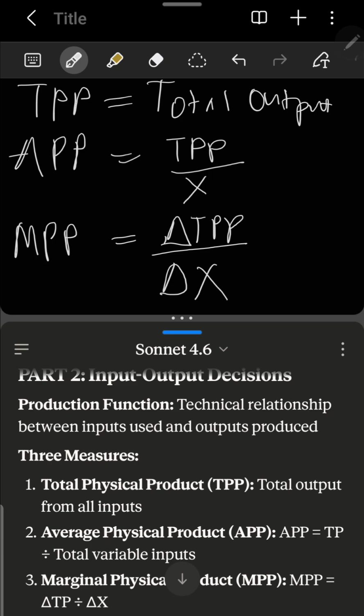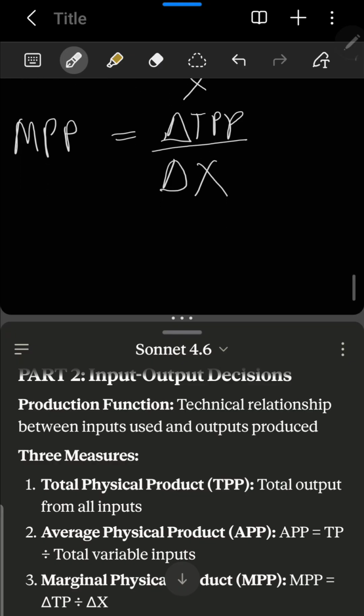Then marginal physical product is for addition. If I add 10K, I'll end up getting maybe 40, 50, 60 or 70K. That is marginal physical product. You should be able to distinguish these two, average and what? Marginal, because we are going to be comparing them. We shall start with a scenario where the marginal physical product is greater than average physical product. What do you understand by that relationship?